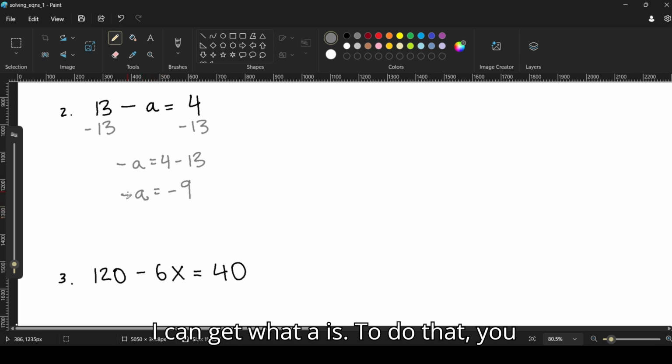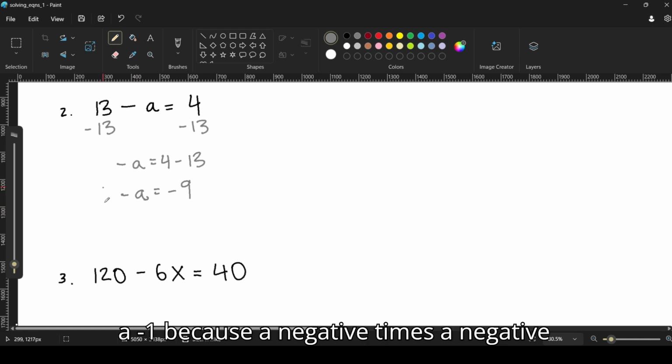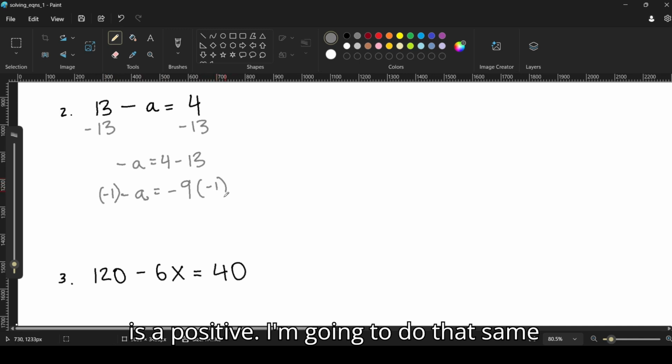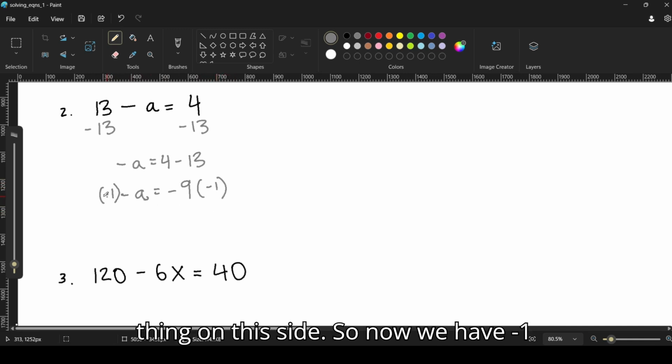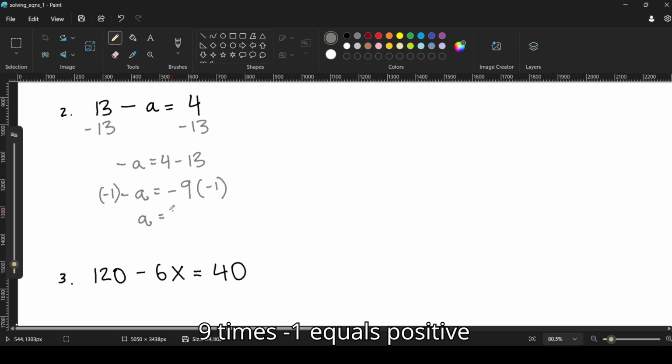To do that, you just flip the sign on both sides. So we're going to multiply by negative 1, because a negative times a negative is a positive. Gonna do that same thing on this side. So now we have -1 times -a equals +a. -9 times -1 equals +9. Therefore, a is equal to 9.